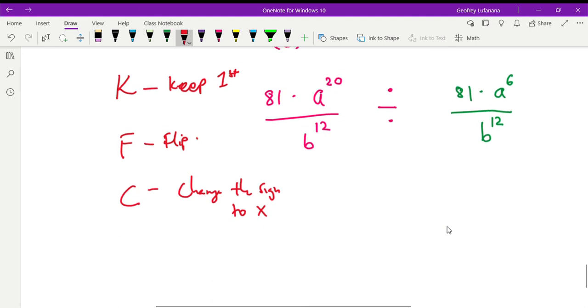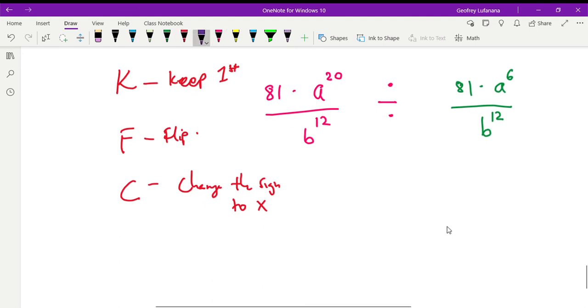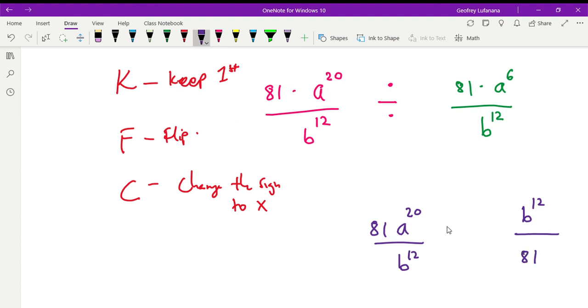So keep the first fraction. Now my first fraction is 81, A to the power 20, B to the power 12. Flip the next fraction, flip it, denominator becomes numerator, so on and so forth. B to power 12 over 81 times A to the power 6, then change the sign to multiplication.